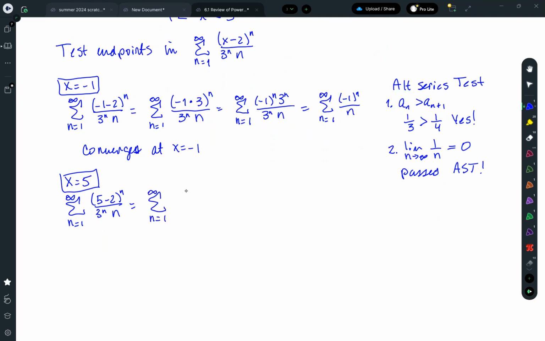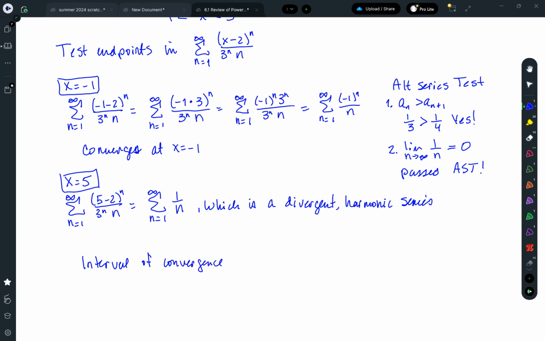We get the series, as n goes from 1 to infinity, of 1 over n, which is a divergent harmonic series. So then we could say that the interval of convergence, also known in our case as the domain, is including -1 all the way up to 5, but not including 5.